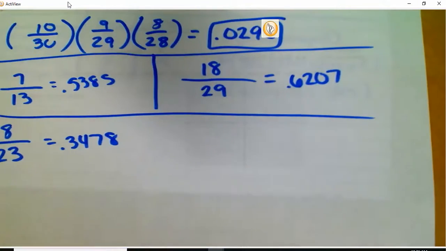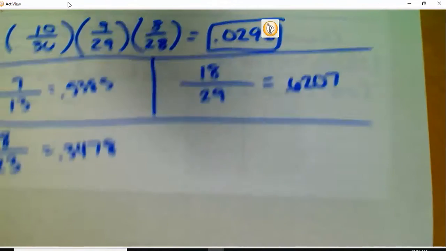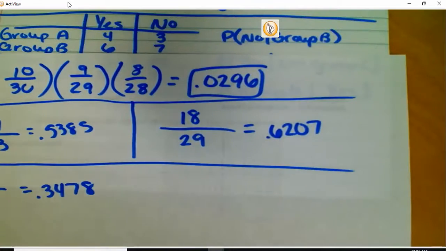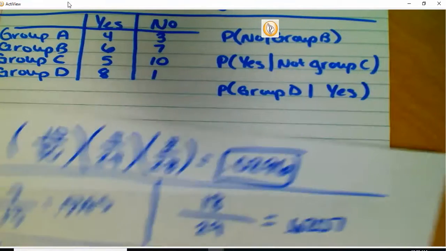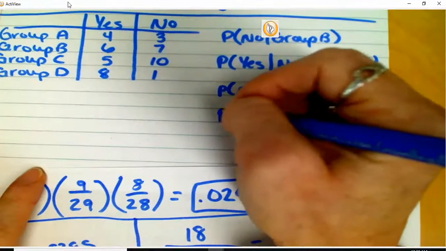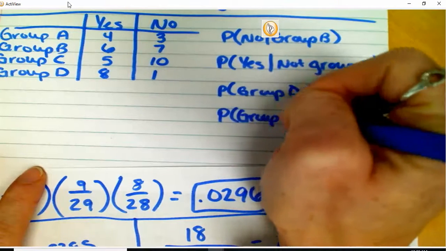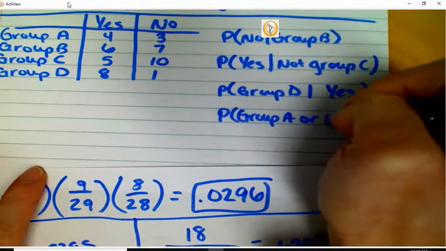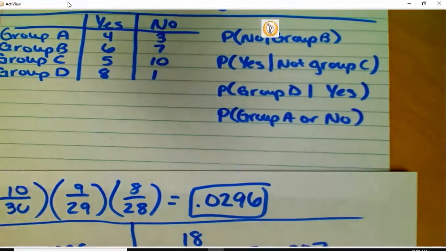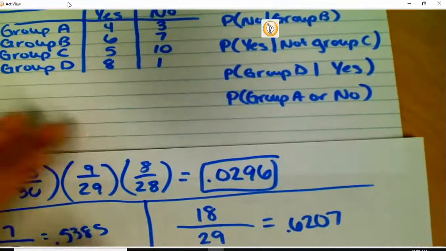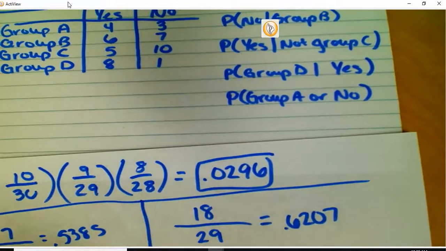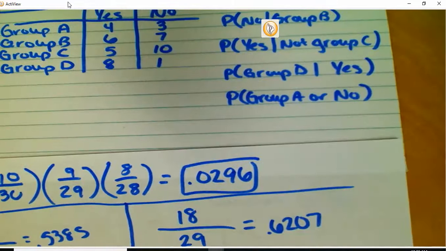Huh? Like the ones that aren't given, like the ors and the ands. Yeah, so if I said, what is the probability of group A or no? So this time my denominator will be everything, right?